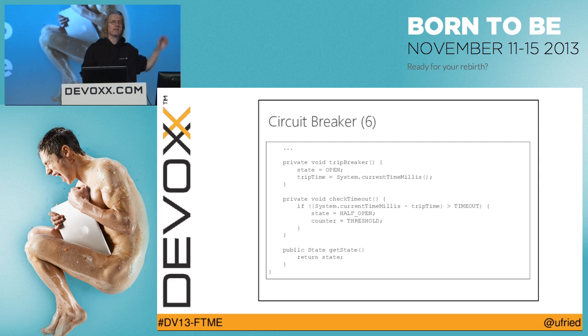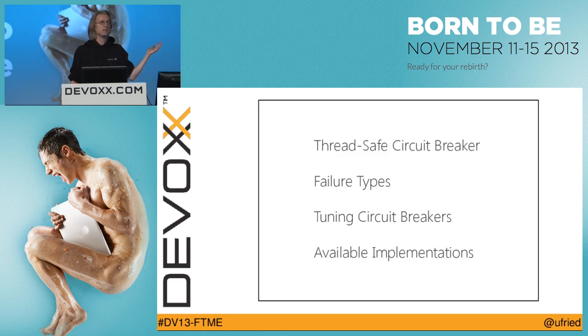You can make that a little bit cleaner in the design so that the half open state is used correctly and that you don't throw a resource unavailable exception more often than necessary, but that's just a few lines of code. Again, no big deal to implement this.